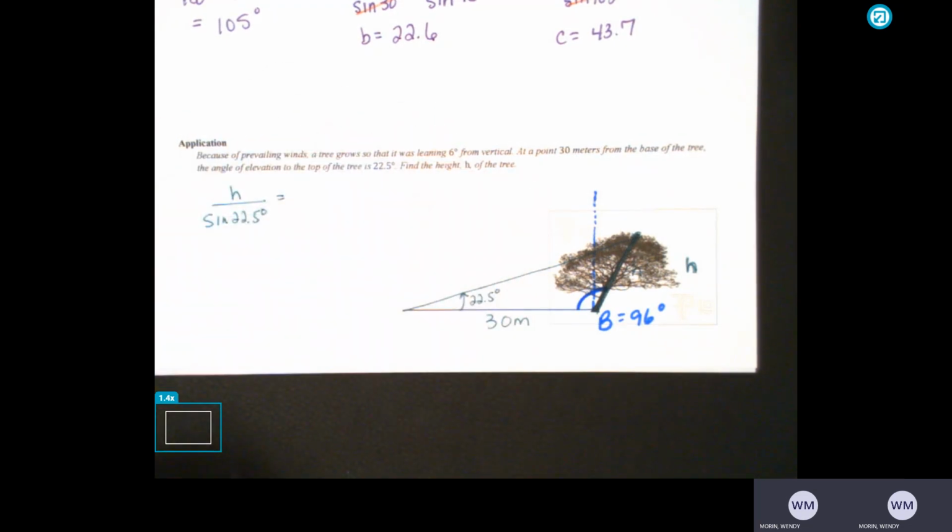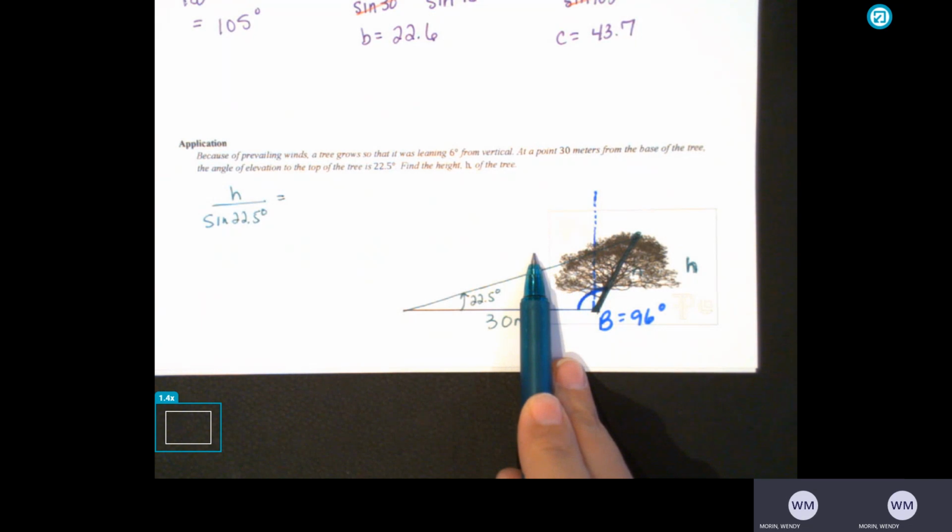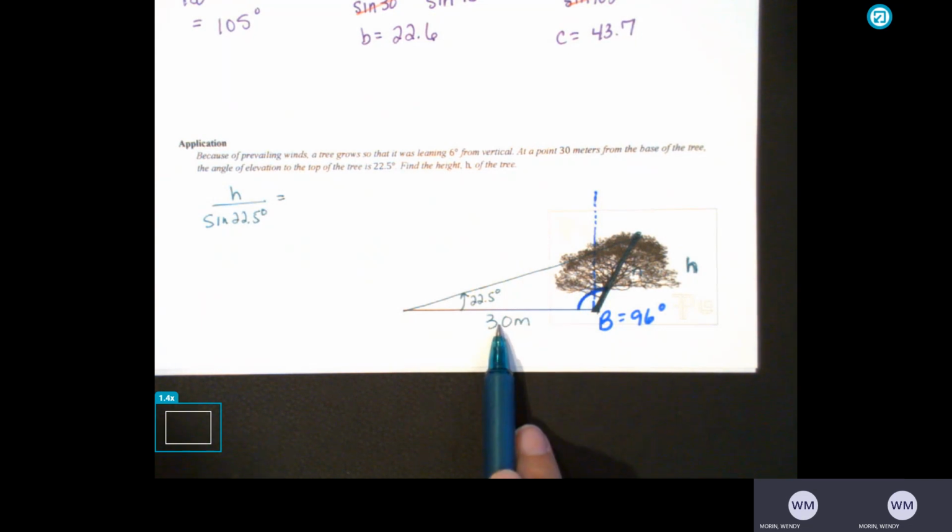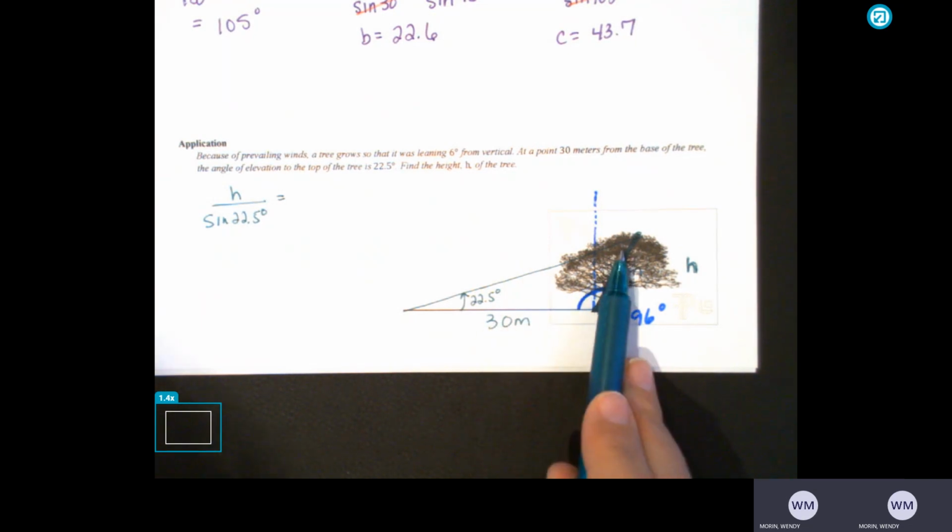Okay? And then what else do we know? Well, we know this angle here, but we don't know the side across from it. And we know this side here, but we don't know the angle across from it. So we need a pair. We need a side with an angle.